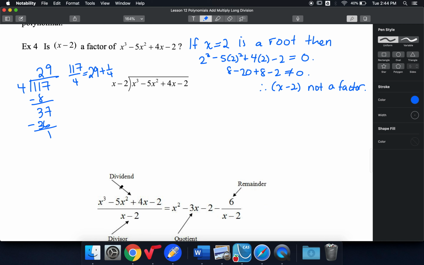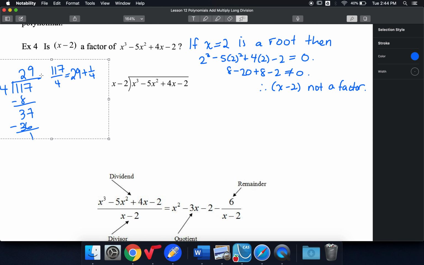So 117 would be my dividend, 4 is my divisor, and in the end I get a quotient. So 29 is my quotient, and then I get my remainder over my divisor. So let's see what happens when we think about this same sort of process with a polynomial.